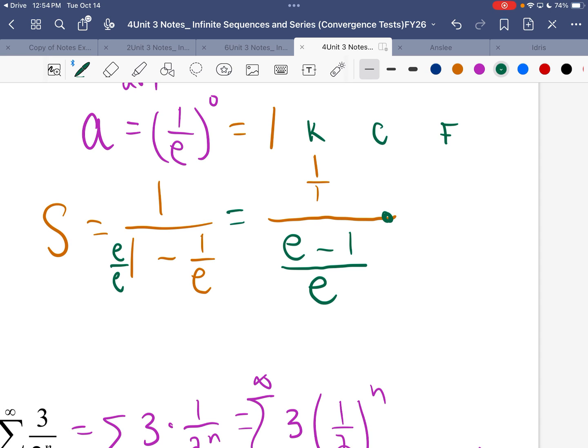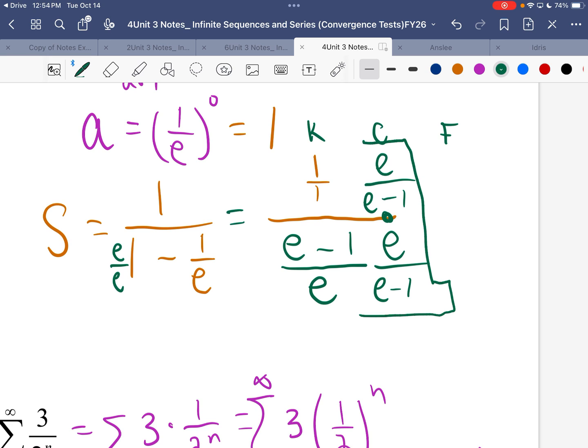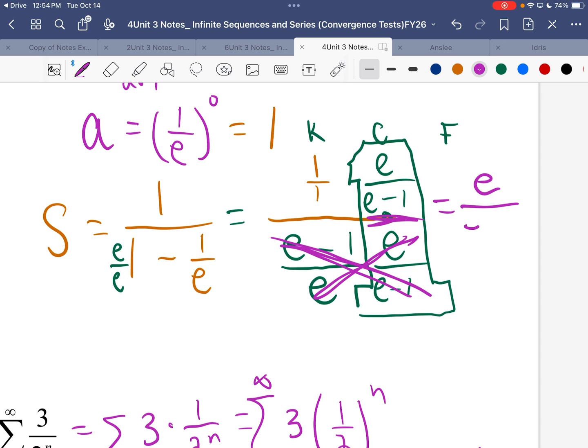What you're actually doing when you keep, change, flip is multiplying the numerator and denominator by the same number. It's a fancy form of 1. And then this is what it sums to.